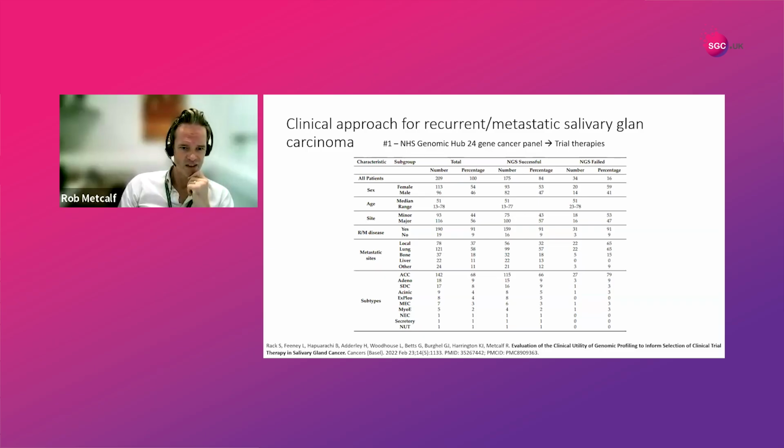The reason only 7 of them, so 3% of my patients, have mucoepidermoid carcinoma is because disproportionately they don't get recurrent or metastatic disease compared to other subtypes, such as here ACC, or adenoid cystic carcinoma, where 142 of our patients fell into that category. So I think that should be a reassuring thing, in that if you've had a resection, the chance of recurrence is much lower compared to other subtypes.